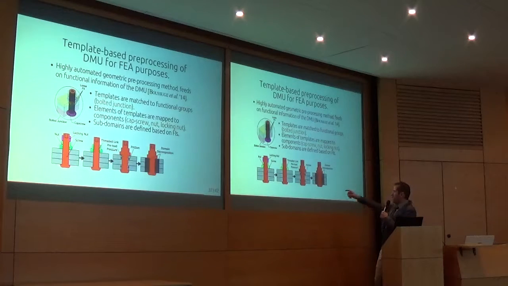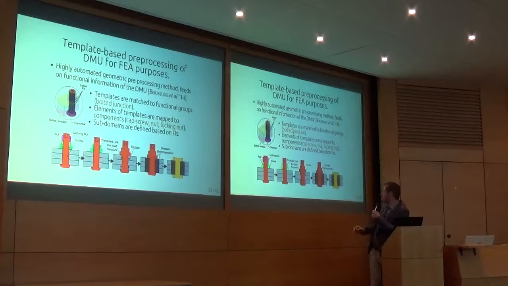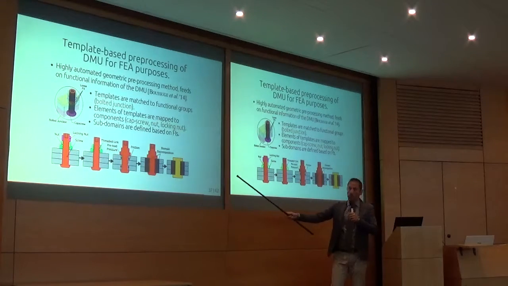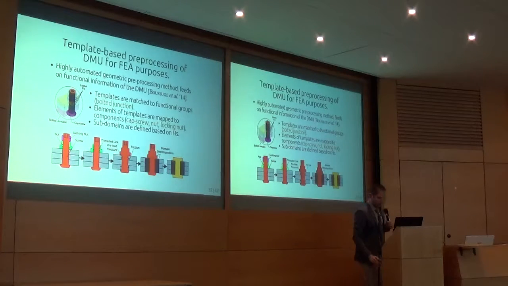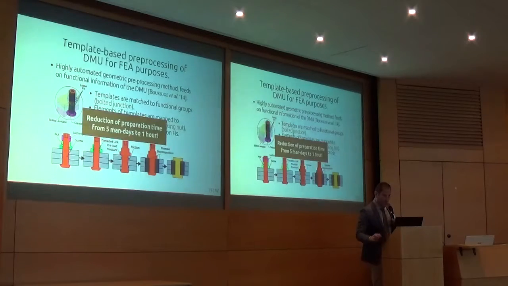Then finally, interfaces, cylindrical contacts between components that are interpreted as loose fits, dictate where to create domain decompositions. Now, this will give us finally an adequate simulation model. This collaboration reduced the time necessary for preparation from 5 man-days to only 1 hour.